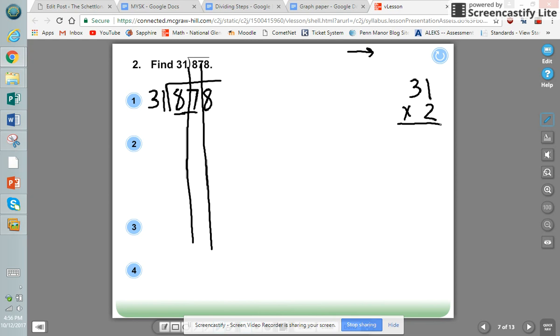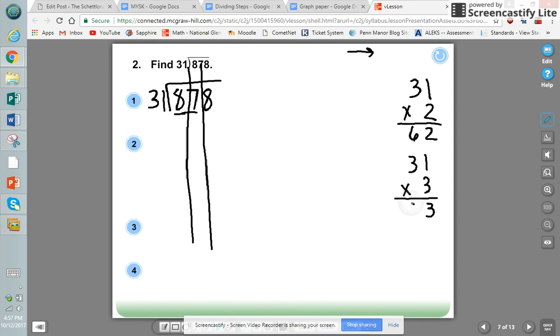I'm not going to erase it because it can come in handy later. 1 times 2 is 2. 2 times 3 is 6. So I have 62. Some people might say, why don't you try something else like 3? Okay, I will. Even though my math brain was firing as soon as I said it, that's not going to work. I'll show you why in a second.